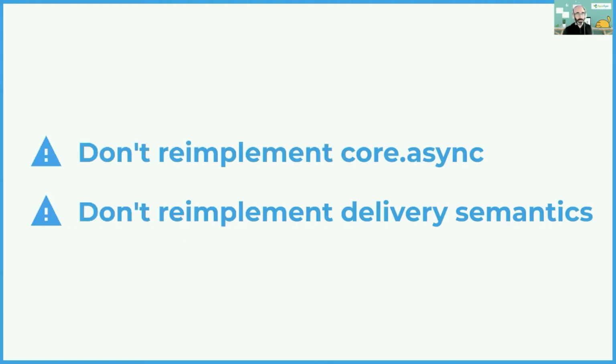The other side of that coin is that we don't re-implement these things. We don't re-implement core.async, and we don't re-implement Kafka delivery semantics. Core.async has its known behavior and nuances, which users expect and rely on. And of course, we don't want channels that do networking, for example, as this will be misleading and against the language of the system.